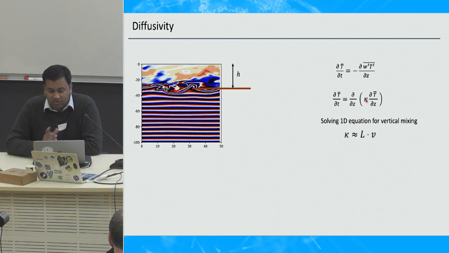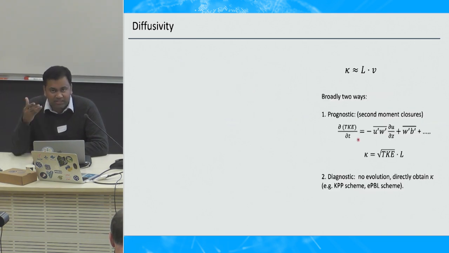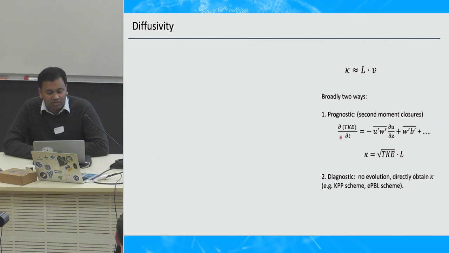Because that is not constant, and this kappa is given by some length times some velocity. And broadly speaking, there are two ways of getting to this kappa. So there are some schemes called prognostic schemes, where you evolve the turbulent kinetic energy budget, and that is given by some source and sink of this turbulent kinetic energy, and from there you can recover kappa.